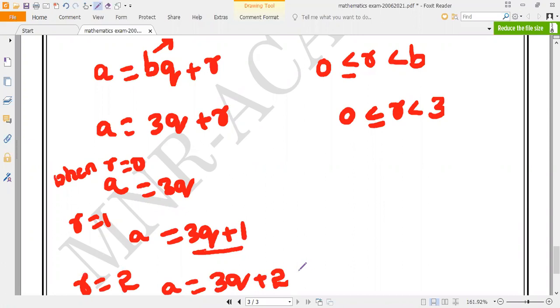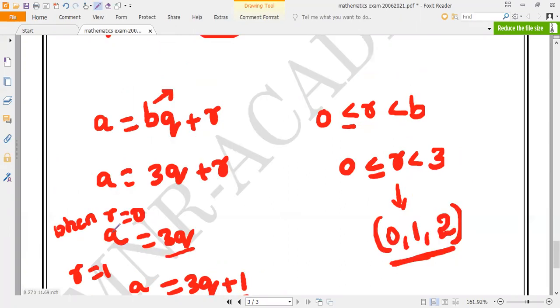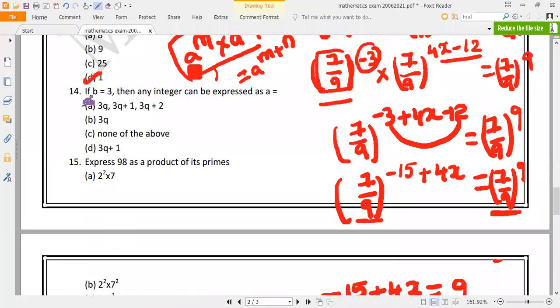No, ma'am, r is less than b, less than 3 only. So possibilities of remainder: our a value is 3q, 3q plus 1 and 3q plus 2. Which option is correct? Option A is correct.